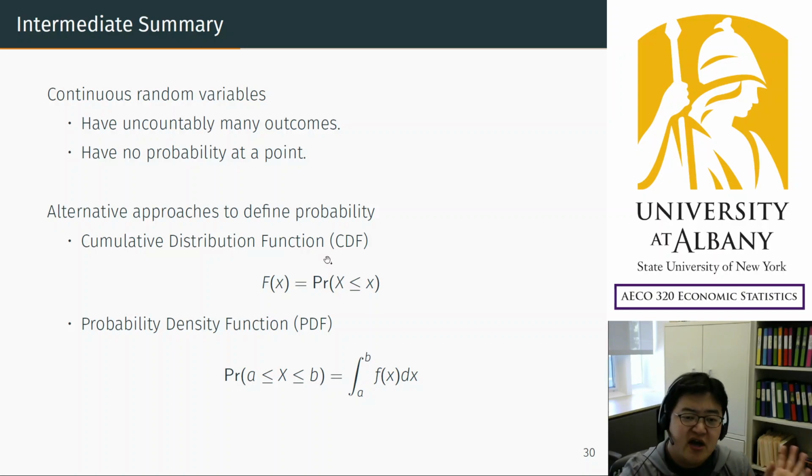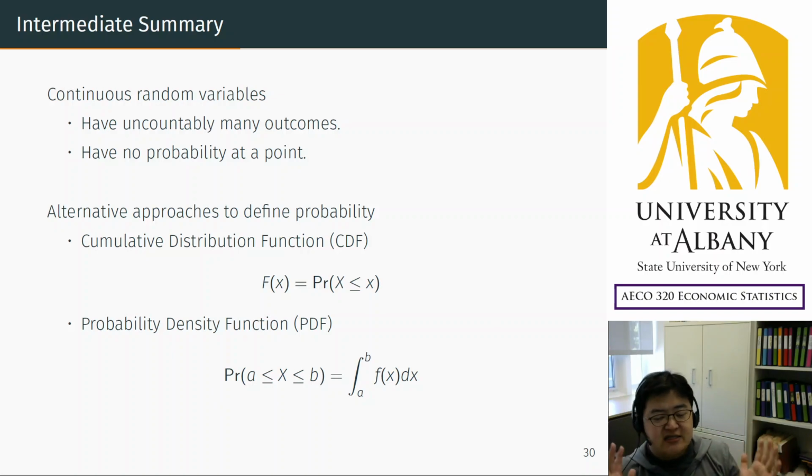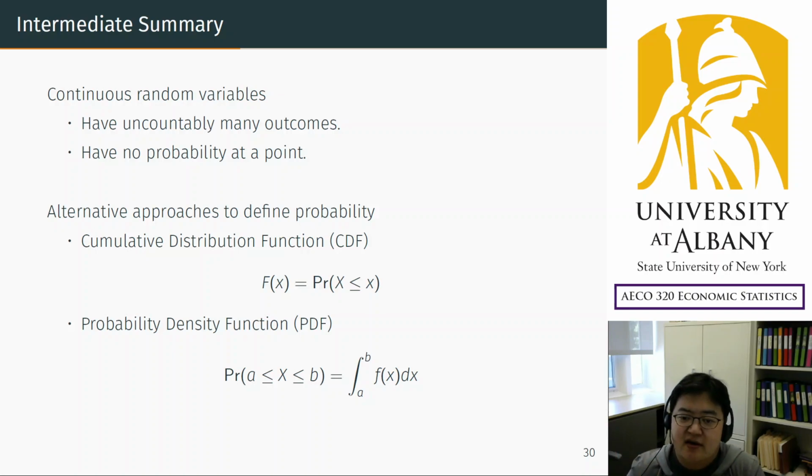The other approach is the probability density function approach. It uses a function and integration, so you may understand it as calculating the area under a graph. It's easier to understand, and easier to show on a graph where the probability is.